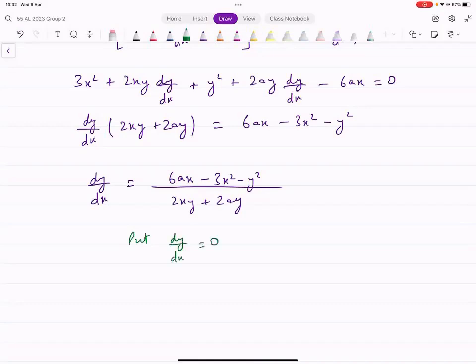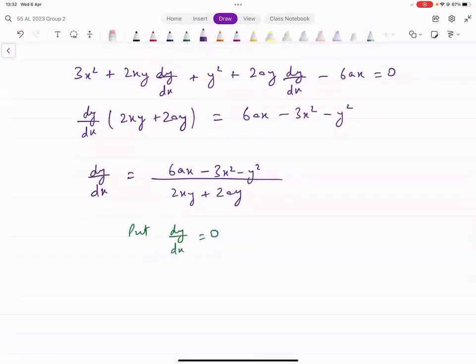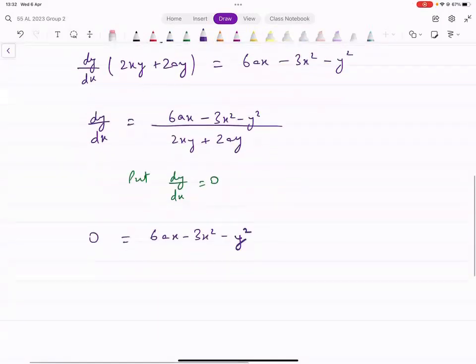Because आपको maximum point चाहिए. Denominator तो खत्म हो जाएगा. We are left with 6ax minus 3x square minus y square. Any problems with this? यहाँ तक clear है सबको? We just find the derivative, put that equal to 0. We end up with this thing.